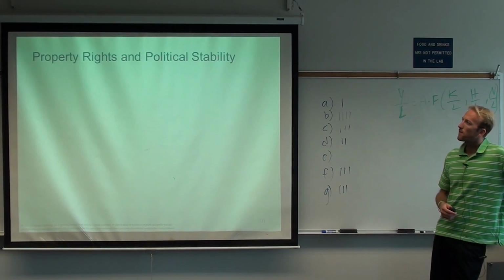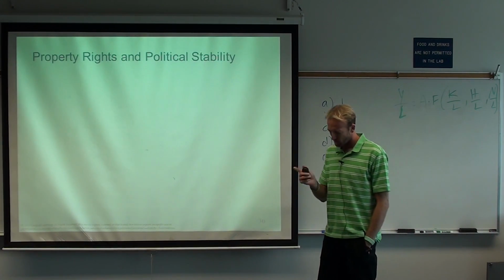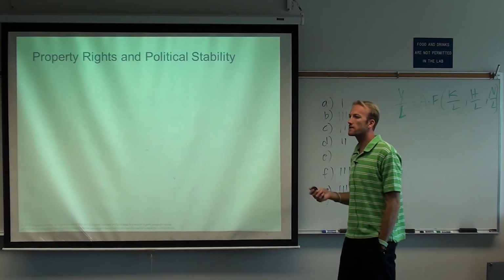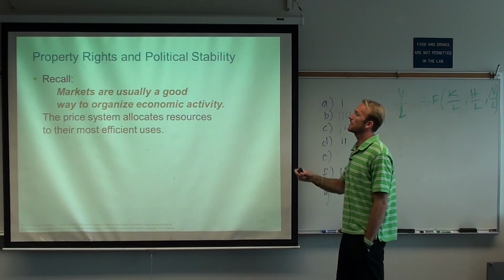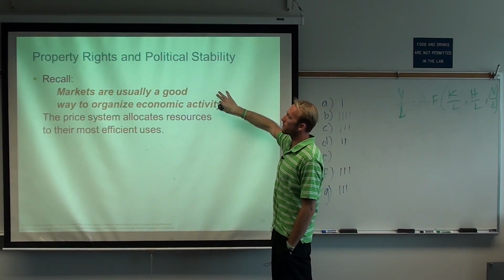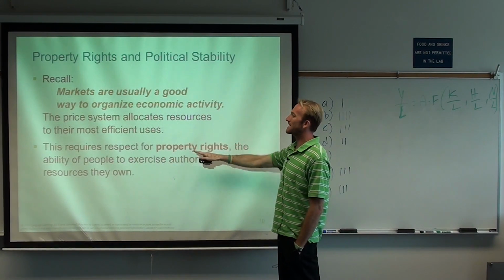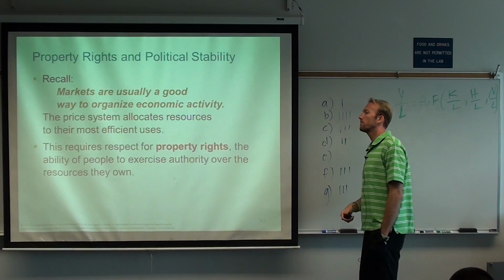So here's this slide talks about the corruption in the government, right? A lot of you guys voted for a non-corrupt government, and while it's true that markets are a good way to organize economic activity, we need the government to protect property rights, right?